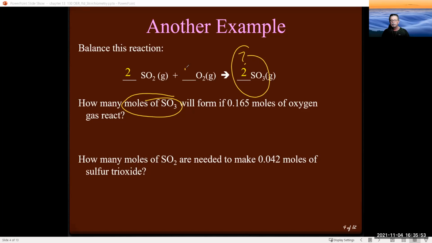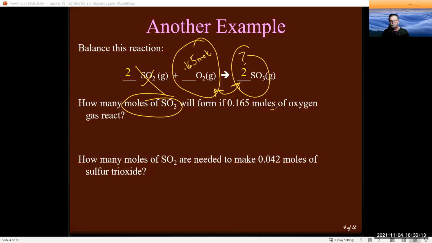So if I have 0.165 moles of oxygen, how many moles of sulfur trioxide are going to be made? Our relationship is simply between these two, not about sulfur dioxide.